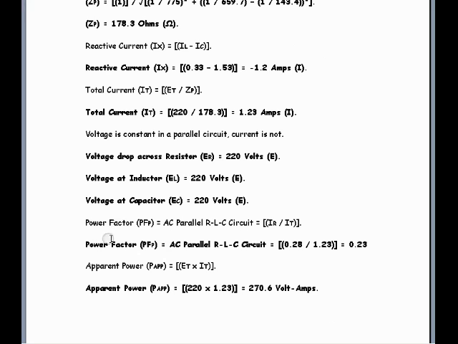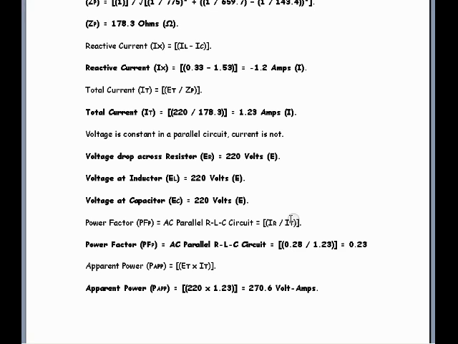Next, we move on to the power factor, which is a different formula for the AC parallel RLC circuit as opposed to the AC series RLC circuit. In this case, it is the current at the resistor, 0.28 amps, divided into the total current, 1.23 amps.